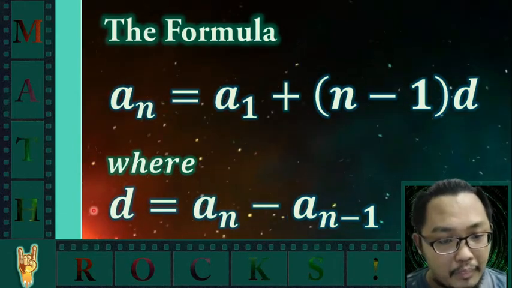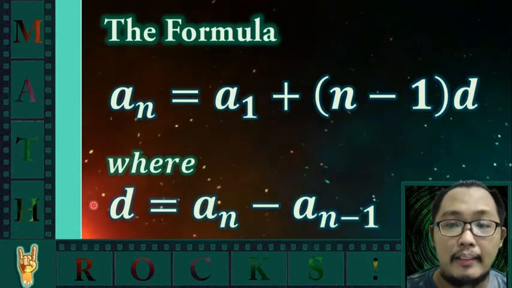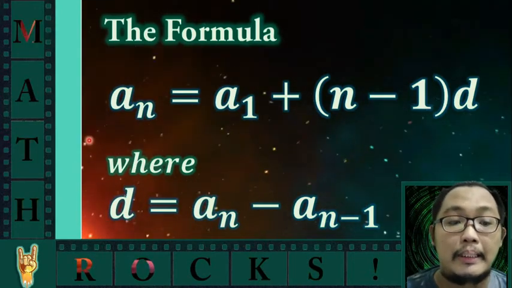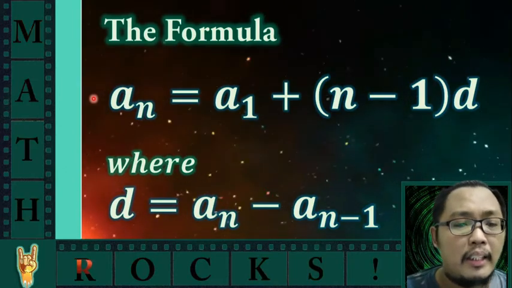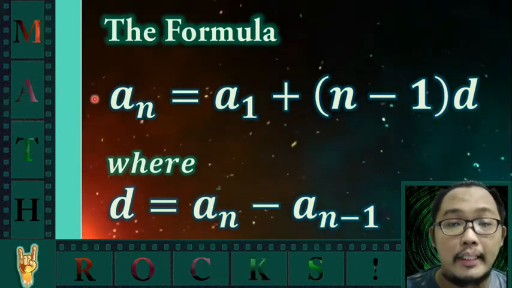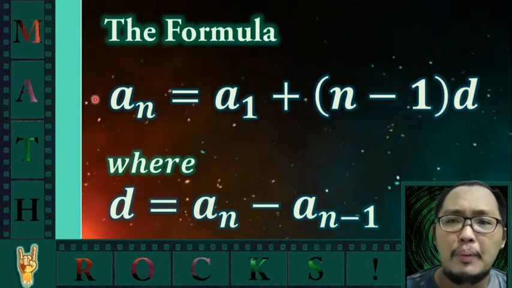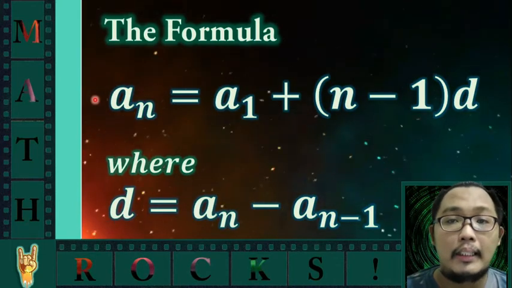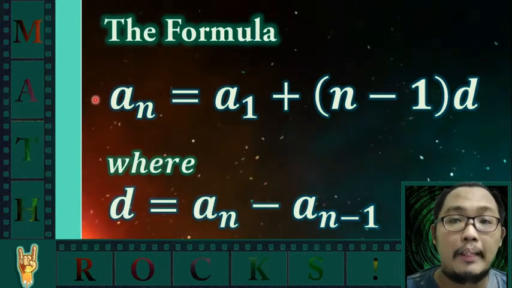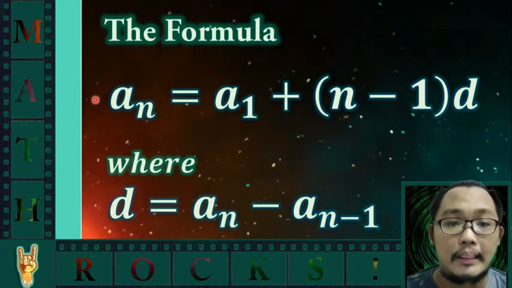The main idea for solving any particular term in the arithmetic sequence using the formula for the nth term is by using the substitution property. I also have a video on how to manipulate equations, particularly the properties of equality. You may also visit that video first before moving on to this lesson.